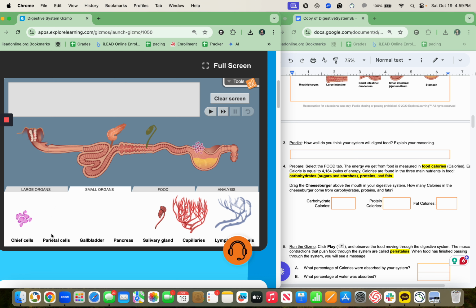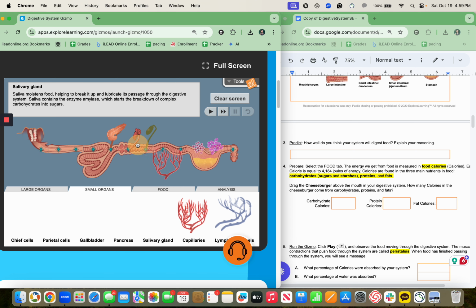Parietal cells, chief cells. Okay, sort of. Is this making it really bad? Now I could go ahead and do a screenshot.